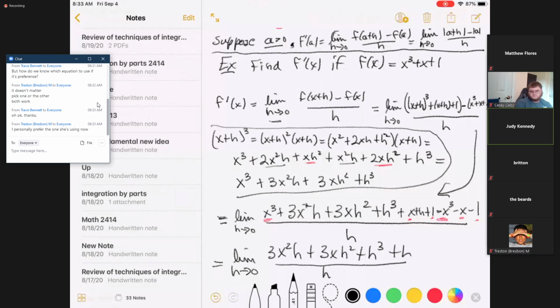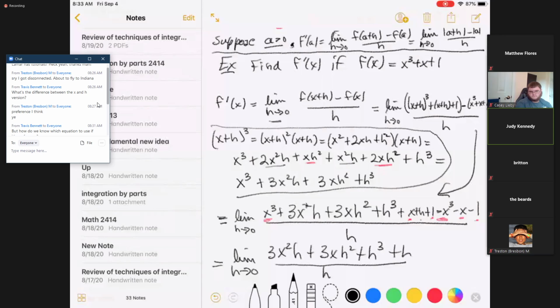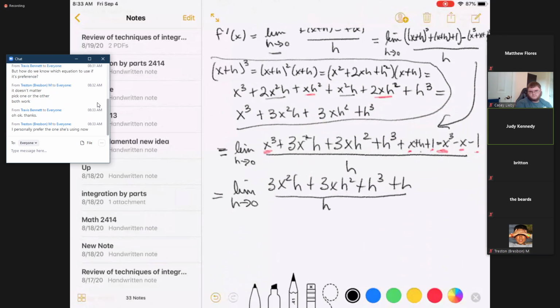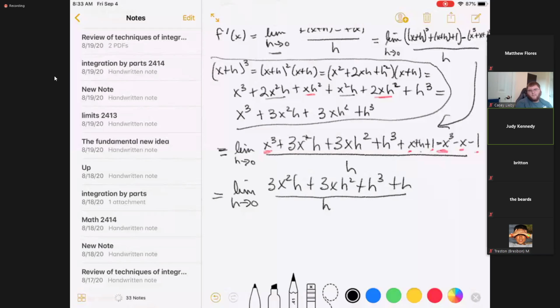Let me make sure I didn't forget anything here. Yeah, I got that h there. At least that has fewer terms in the numerator. But now, since every term in the numerator has an h in it, I can factor an h out of the numerator.